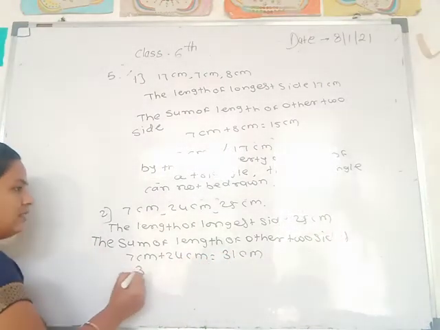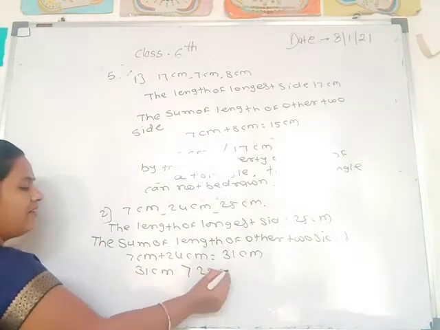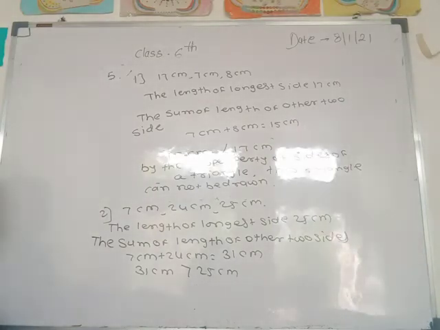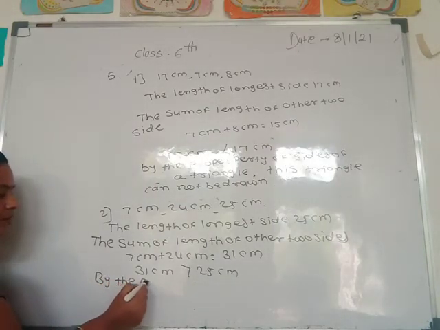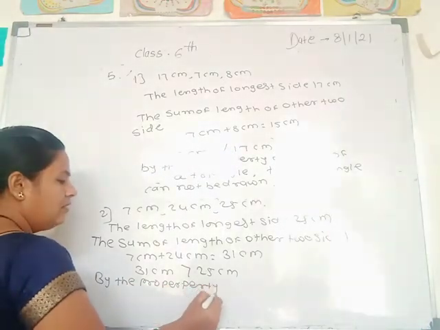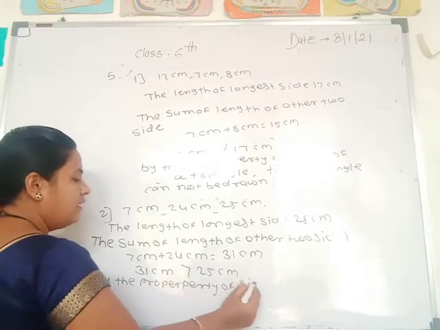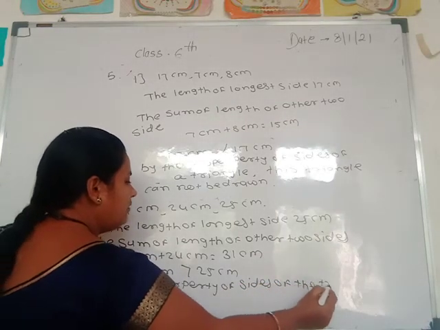Then you write here 31 centimeter is greater than 25 centimeter, by the property of sides of the triangle.